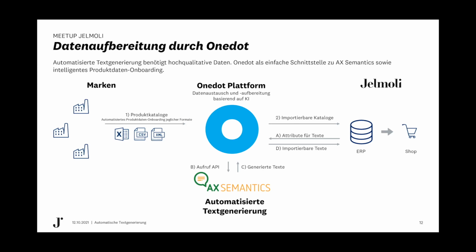And then we received, after the text generation, one file. We didn't generate one file per department, but rather transported it into an XML file that could be transported and automatically read by Jelmoli.